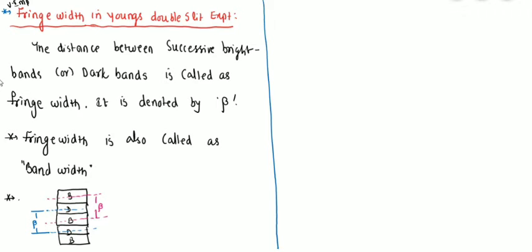I want to know the distance of some nth bright band, or the fringe width formula, which I am going to derive. For that purpose, I will draw the diagram here. S1, S2 are the two slits, S is the source, and this is the screen.